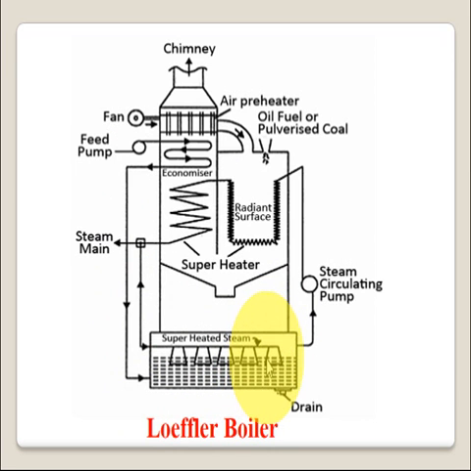Now this water is served by the steam separating pump and supplied into the radiant heater, where steam is generated, and that steam is supplied into the superheater, where it is further heated, and the heated steam is used for electricity generation in the power plant.